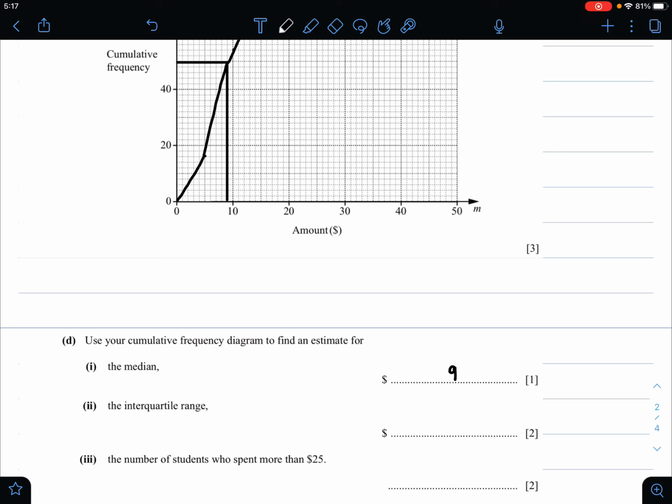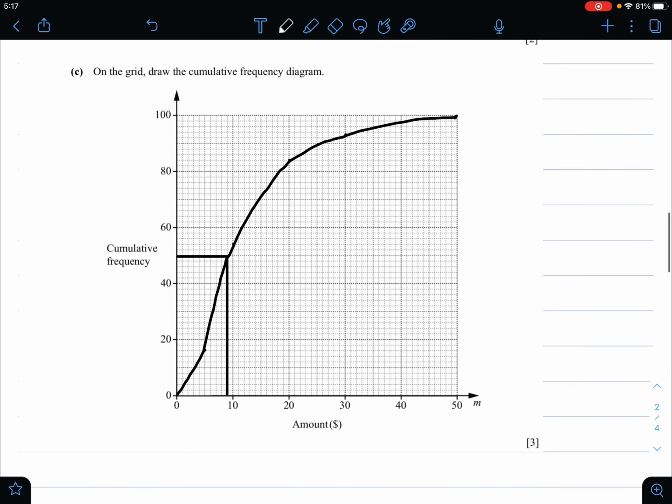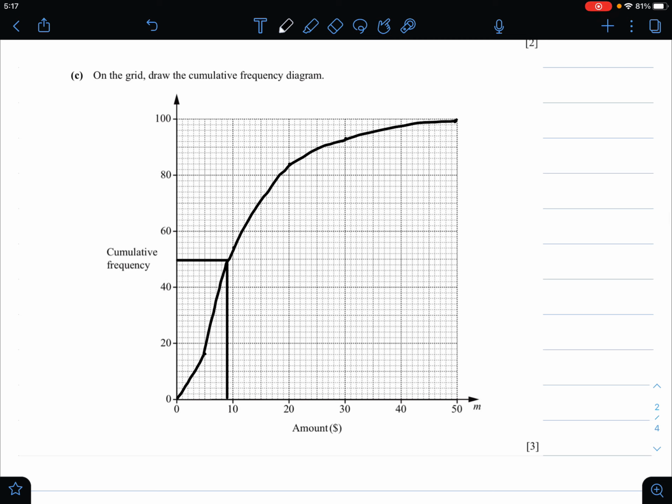Now let's move to part D2, where they are asking us to find the interquartile range. Now interquartile range is the upper quartile minus the lower quartile. So the upper quartile would be the 75th percentage of the cumulative frequency. Since it is out of 100, the 75th percentage would be 75.